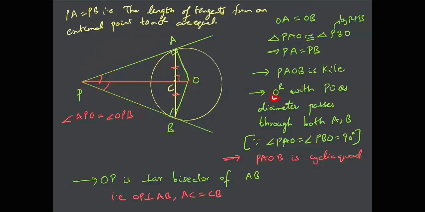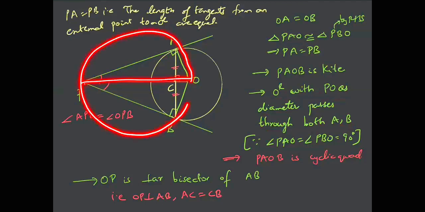So the circle with PO as diameter passes through both A and B, because this is 90 and this is 90. So I can say that A, P, B and O are concyclic because they lie on the same circle.